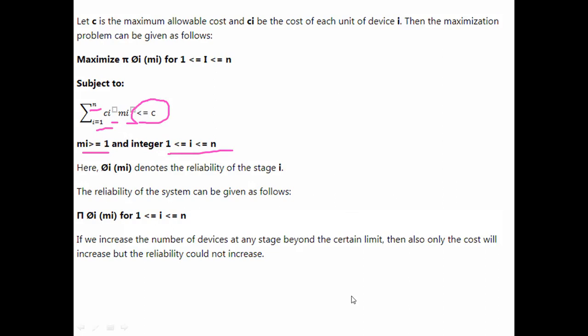Here pi i of Mi denotes the reliability of stage i, for all 1 less than or equal to i less than or equal to n. If the number of devices at any stage goes beyond a certain level, then only the cost will increase, but the reliability will not increase.